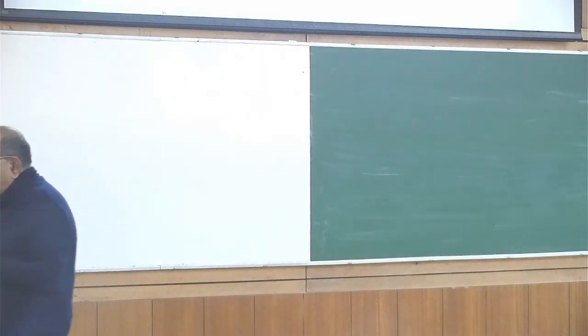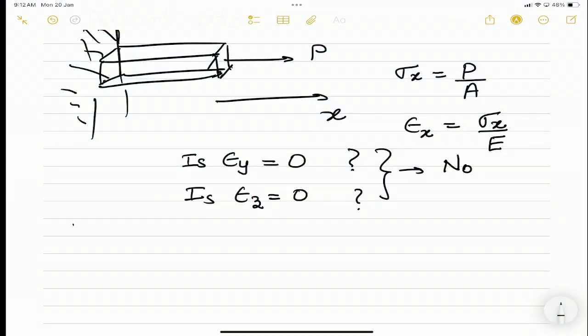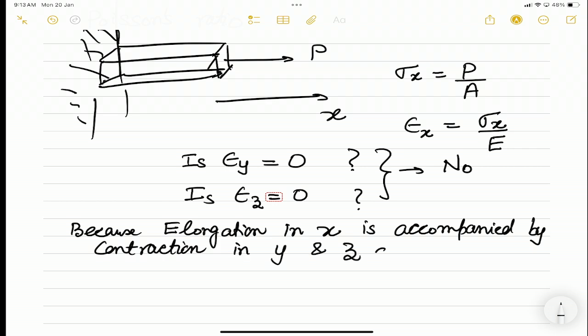Most of you feel that this is not 0, and the answer to this is no. Why? Because elongation in x is accompanied by contraction in y and z directions.